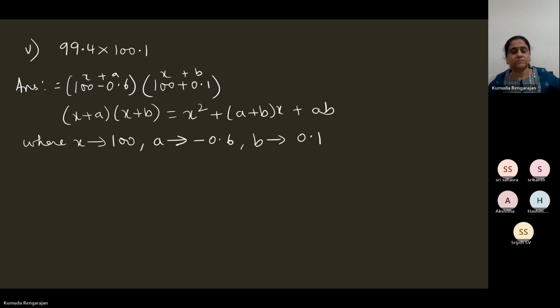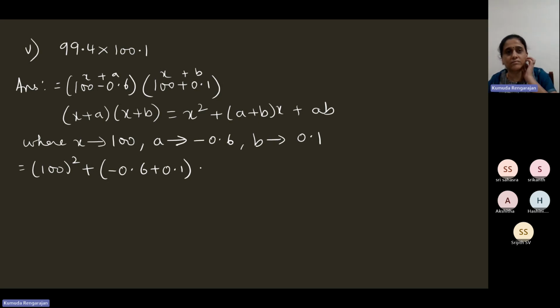Correct, can you continue? I'm reading: 100 plus (minus 0.6 plus 0.1) of 100, plus (minus 0.6) into 0.1.